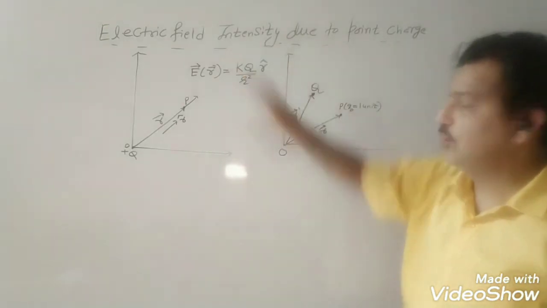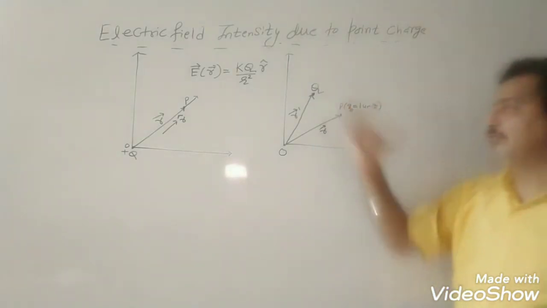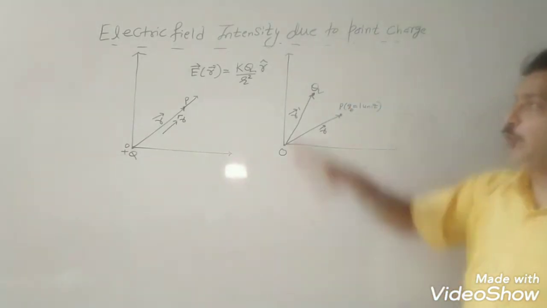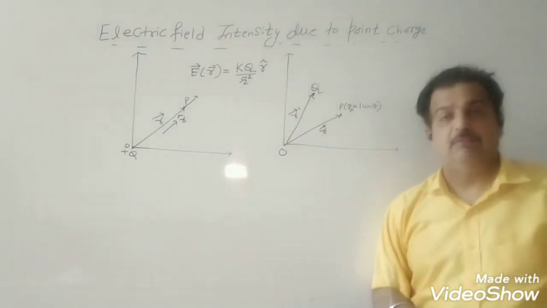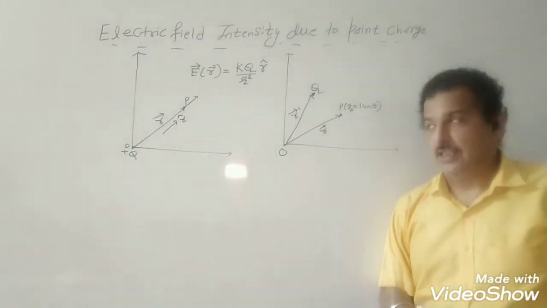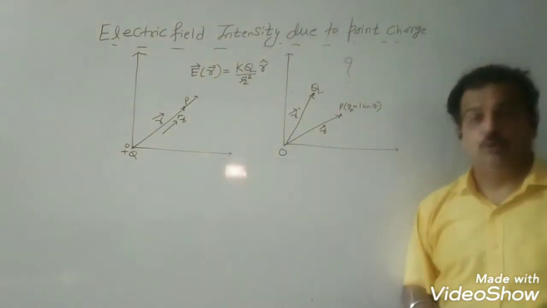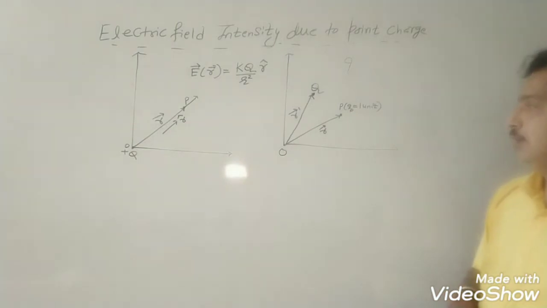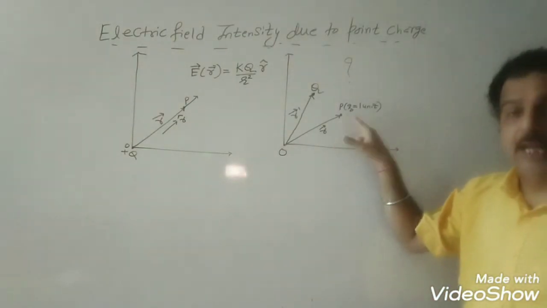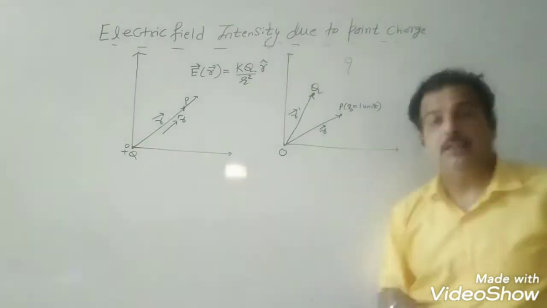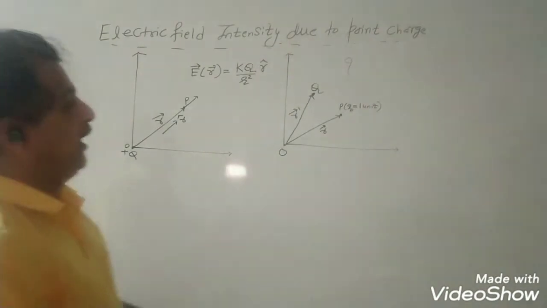Generally students learn this formula, but when I change the position of the source charge, the equation for this electric field intensity in vector form changes. So this is a homework for you. You have to write down the equation for the electric field intensity at point P, and I will give the solution in the coming lecture.